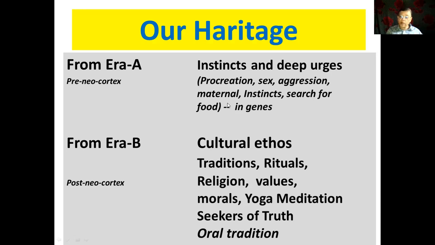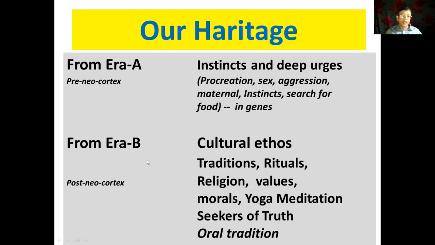They are all encoded in genes. And these are very, very strong instincts, powerful forces. We talk about crimes of passion. All these passions were encoded in our genes in era A, the animal phase, when all these instincts developed, and even today we have them through our genes.